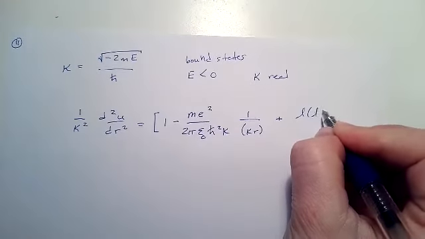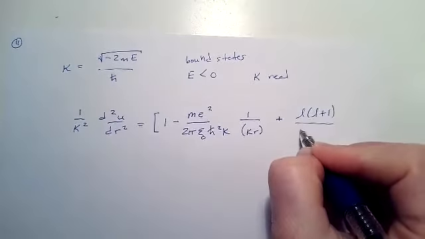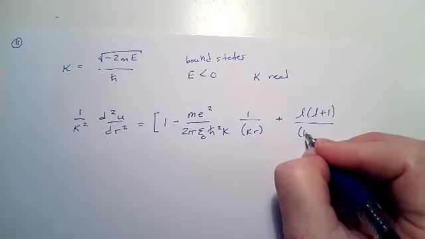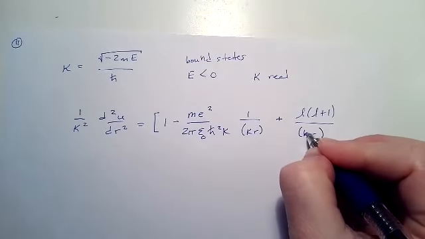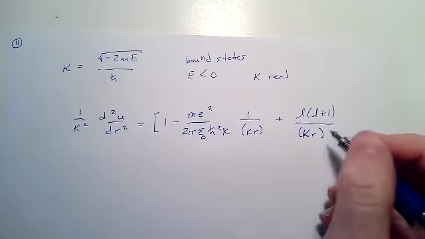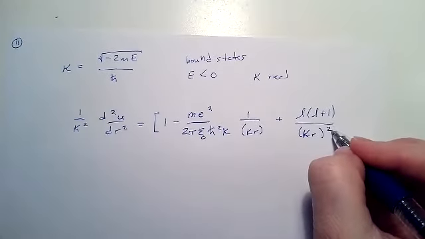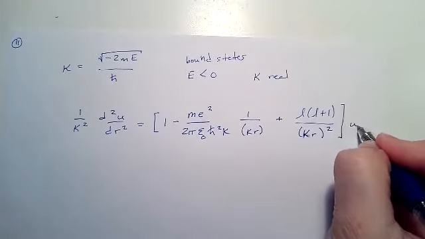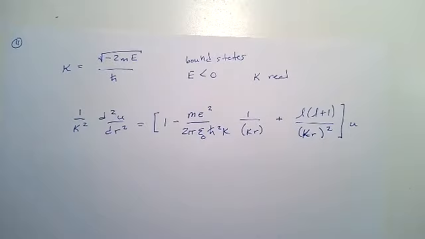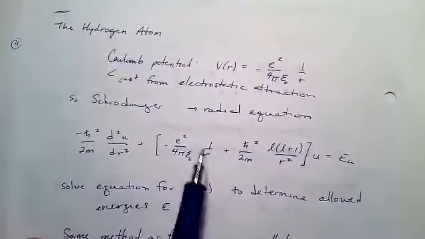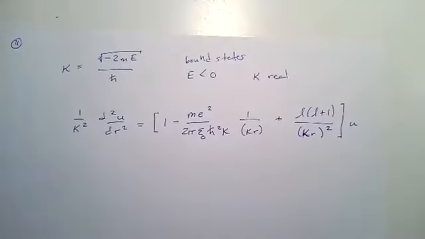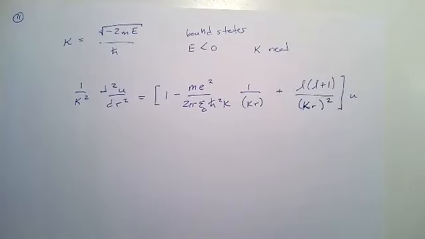We've got an L times L plus 1, and on the denominator, that's again a kappa times r squared. And all of that is multiplied by u. So there was a bit of algebra that went into that to go from this Schrodinger equation to what we have there, right?